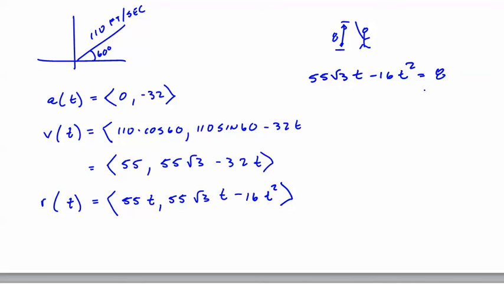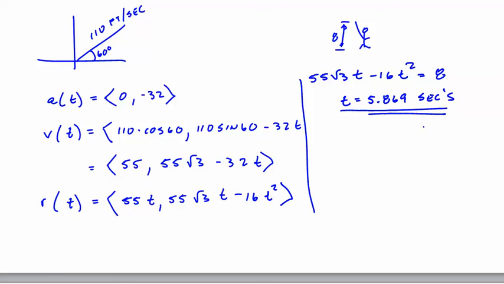And that'll be in two cases, one right here when it leaves the bat, another one later. Well, Pythagorean, quadratic formula should get you t equals 5.869 seconds. And I want to make sure I didn't make a mistake, so I'll just blast that into my calculator. I'm a big fan of checking things.